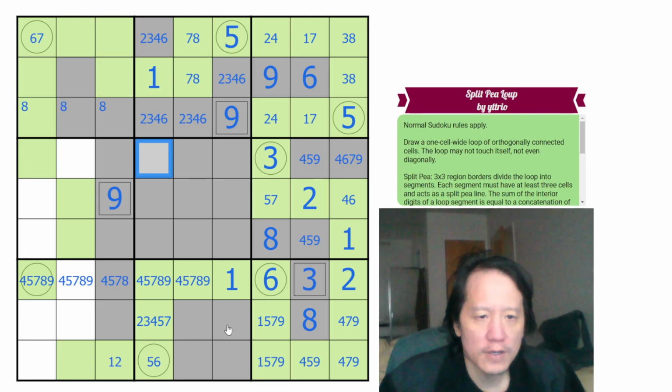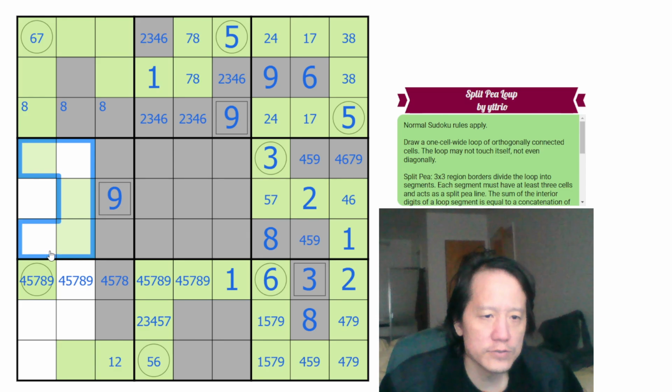What else do we have? This can't see 9 anymore. So it either goes here. It cannot go here. So it can't be this. It has to enter one of these two, and then it has to exit out this way. It can't go here.